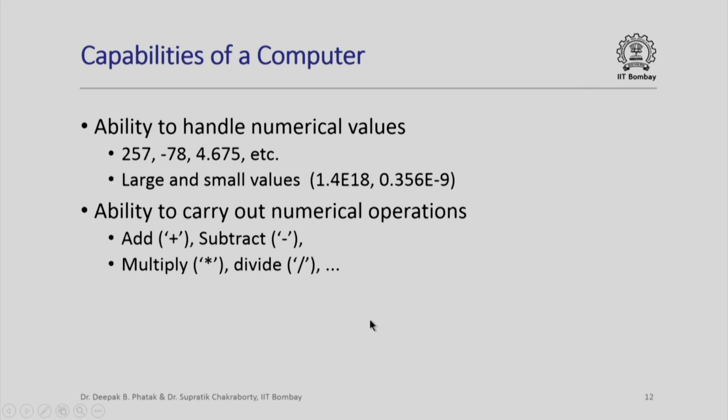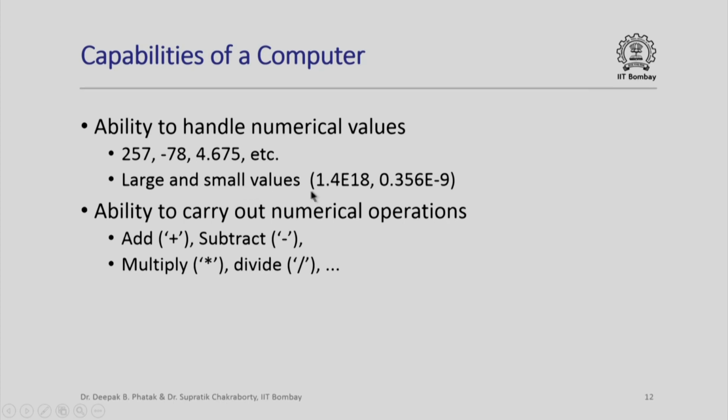Let us now look at the capabilities of a computer. A computer has ability to handle numerical values. We of course expect that. For example, it can handle values such as 257 or minus 78 or 4.675, etc. It can also handle very large and very small values.